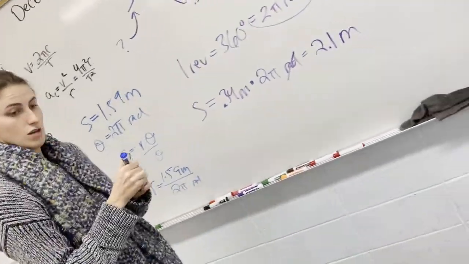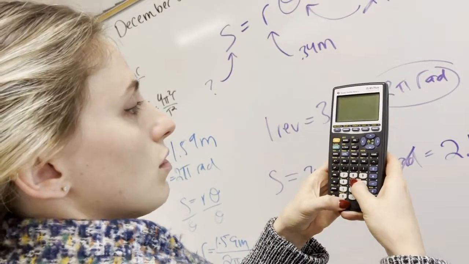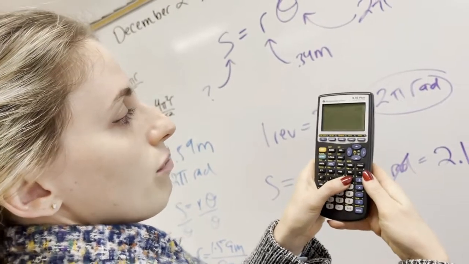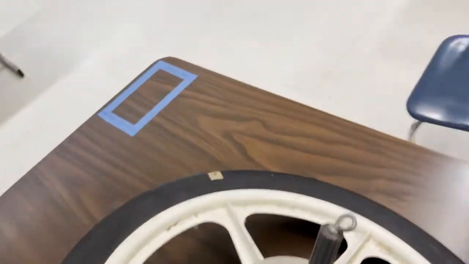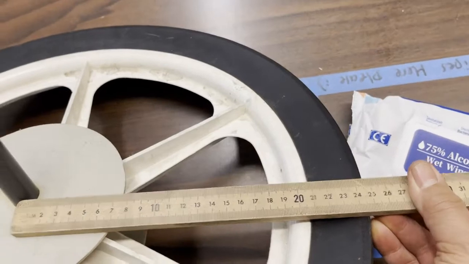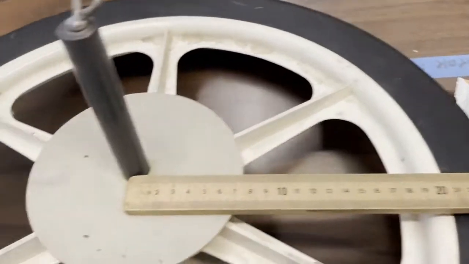Radians goes bye-bye. 1.59 divided by, parentheses, 2 pi, and I get 0.25. And this thing appears to be 0.25 on the nose.